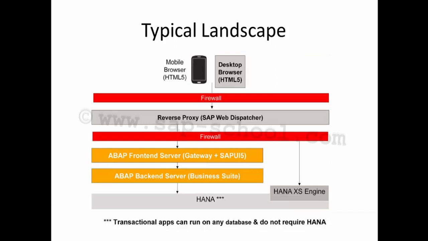Now let's discuss each and every component in detail, like what is the functionality of each component. Starting with the SAP Web Dispatcher. SAP Web Dispatcher lies between the internet and your SAP system. Basically it is the entry point for all the HTTP requests into your system, which will consist of one or more NetWeaver application servers.